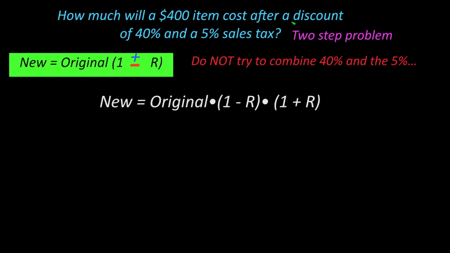The first part involves a discount. Therefore, we're going to use the 1 minus r version for that portion of the problem. And step 2 is a 5% sales tax, so we're going to use the 1 plus version of the formula for the tax part of this problem.